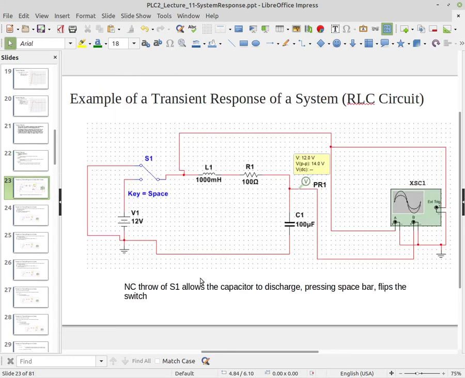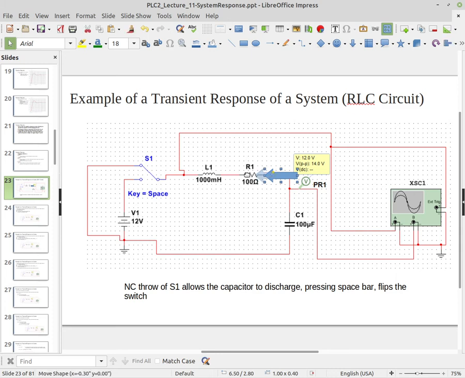Alright, so where do we get these when we start talking about a second order system? If we think about a capacitor, we know that a capacitor stores up charge in an electric field. And so capacitors don't like you to change the voltage. But on the other hand, over here we have an inductor.